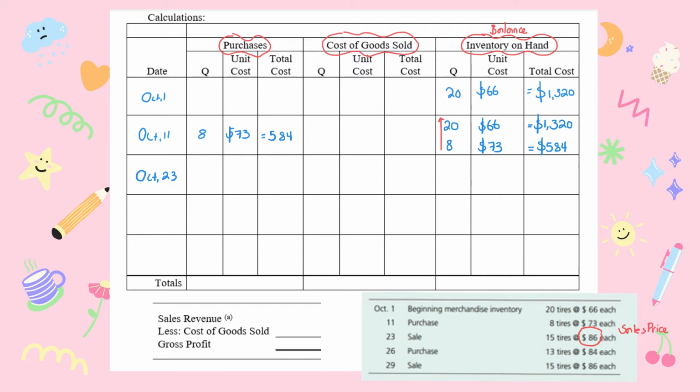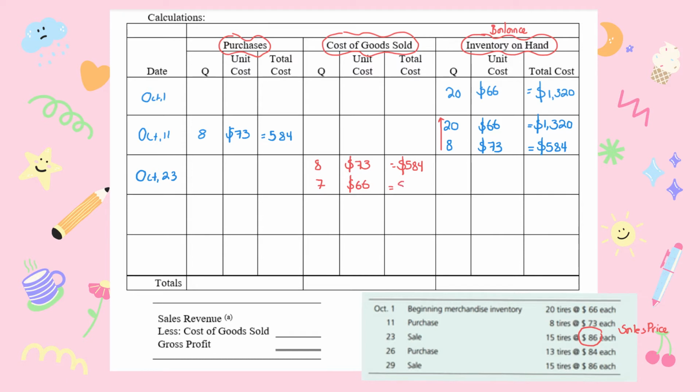Okay, so we start with the 8. 8, 73 each. So it's gonna be 584. Now the total units to be sold is 15. I sold 8, so I need more 7. So I'm gonna take 7 from the 20 units at 66 each.